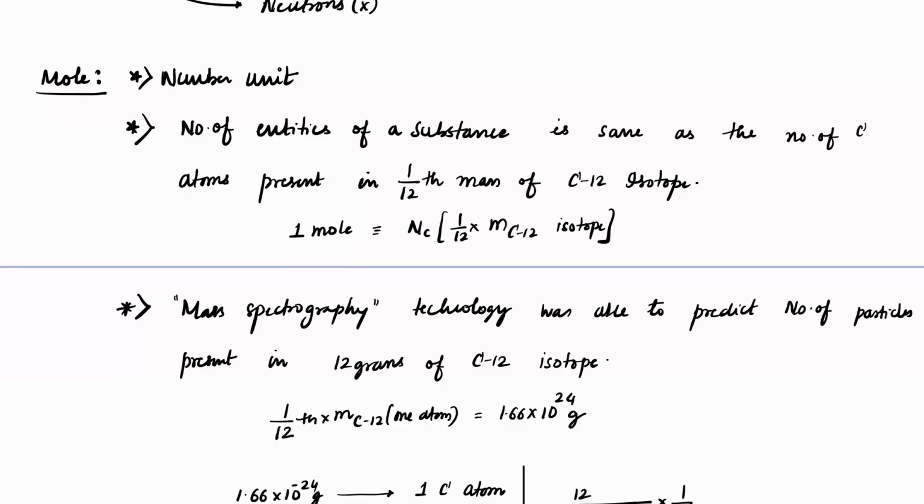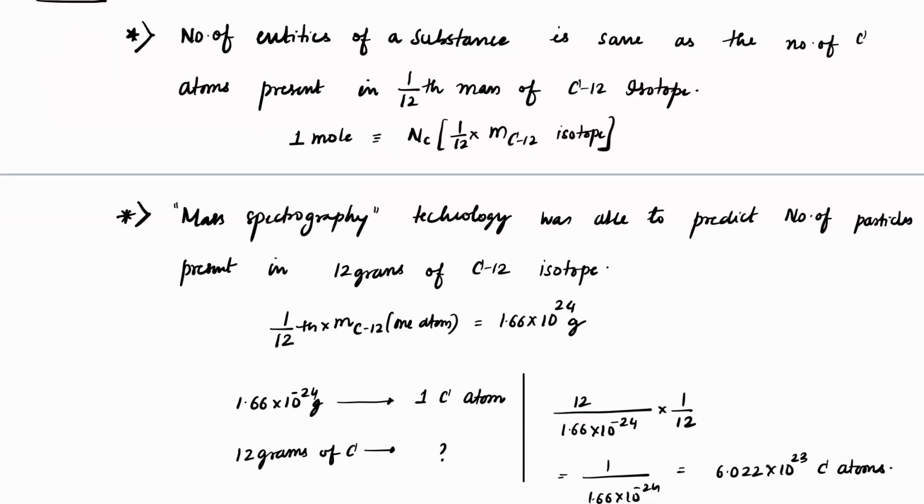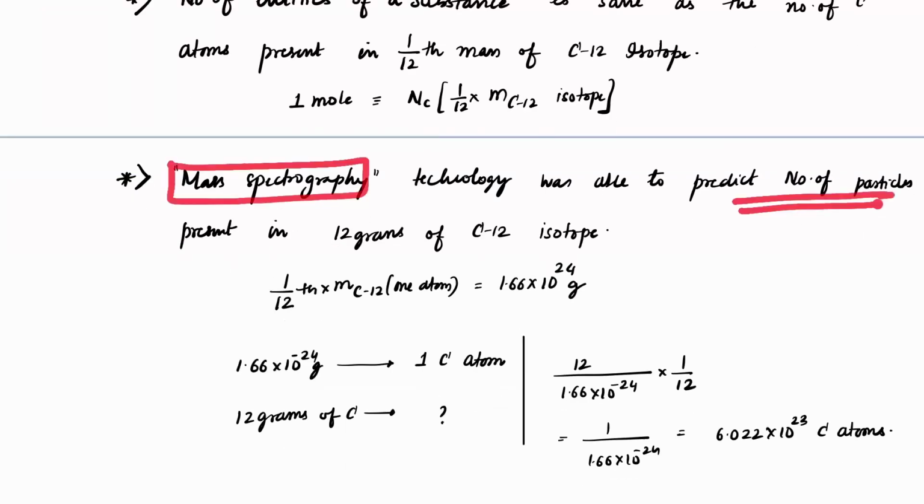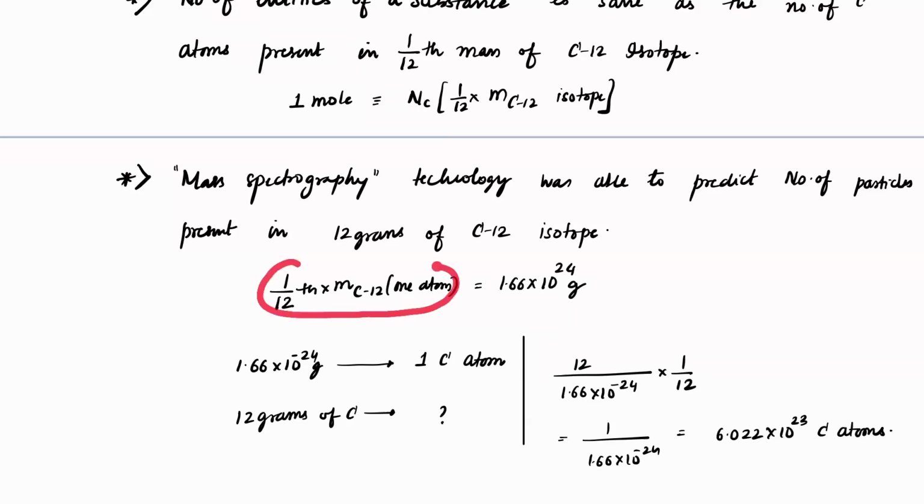Correct? As per mass spectrography, we were able to predict the number of atoms present in it. Theoretically, if I take 12 grams of carbon 12 isotope, that value for 1/12 mass of the carbon 12 isotope was found to be 1.66 into 10 raised to power of minus 24 grams.